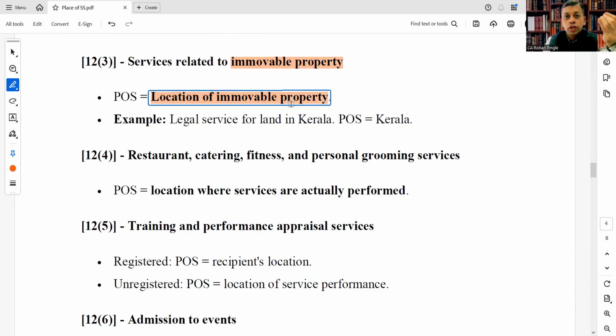Section 12, subsection 3 talks about services related to immovable property, and the place of supply in that case will be the location of the immovable property, where it is situated. Let's see an example. Legal service for land in Kerala, while the lawyer is in Calcutta. The place of supply would be Kerala, because the land is situated in Kerala.